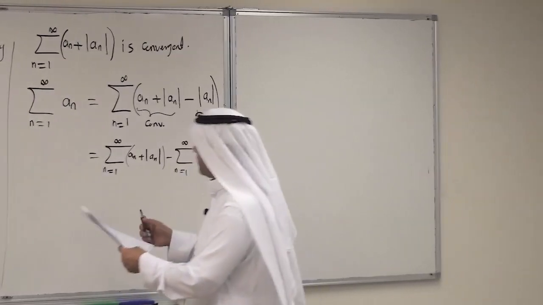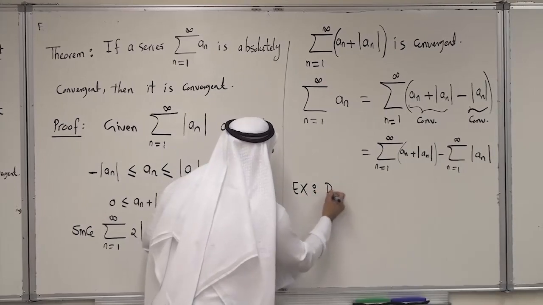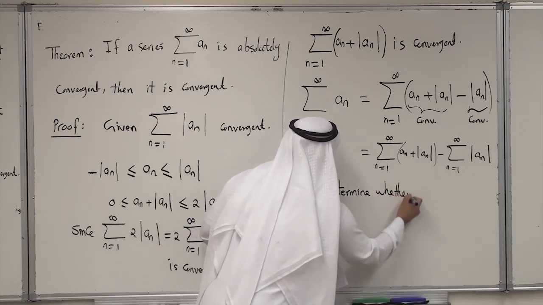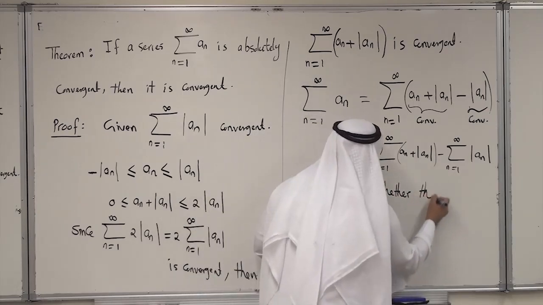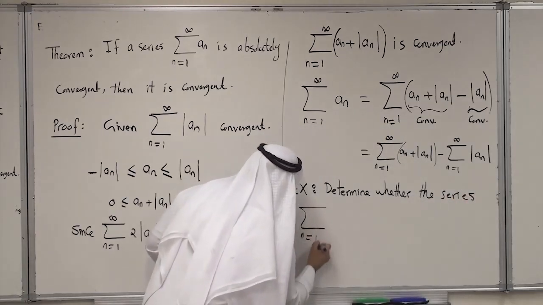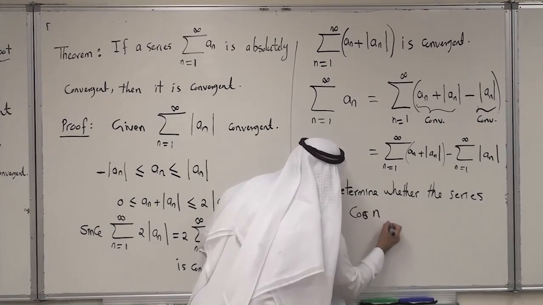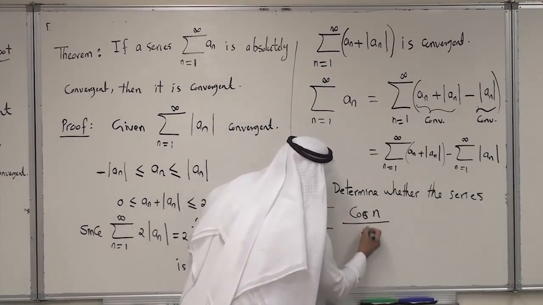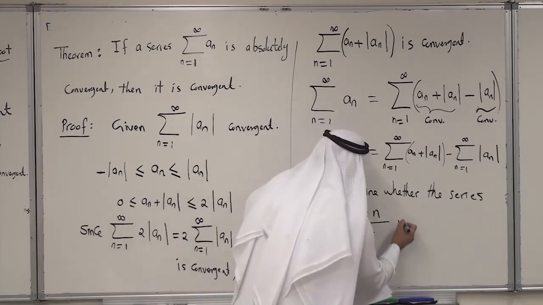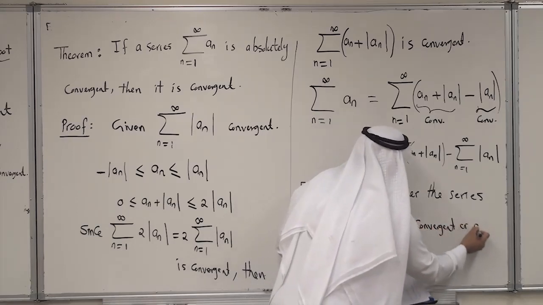So let us discuss one exercise here about absolute convergence. Example: determine whether the series given by summation n equal to 1 up to infinity of cosine n divided by n squared is convergent or divergent.